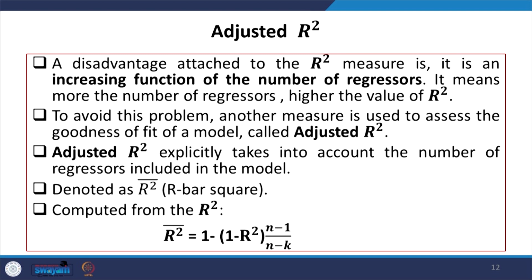So, the disadvantage attached to the R square measure is that it is an increasing function of the number of regressors. It means the more the number of regressors, the higher the value of R square, this is what we have said. But in case of the adjusted one, when your degrees of freedom are very few, you may not be able to fit the data to the model.